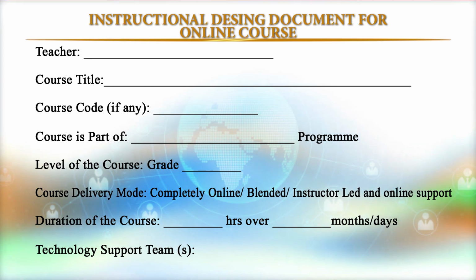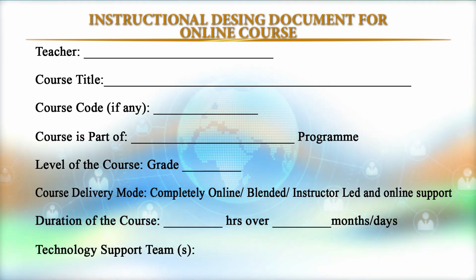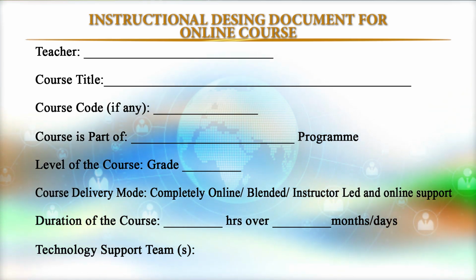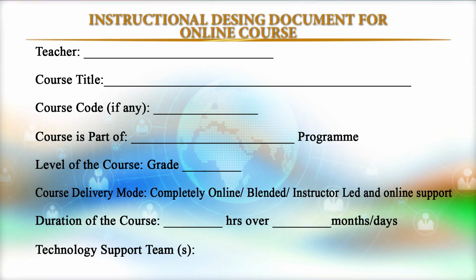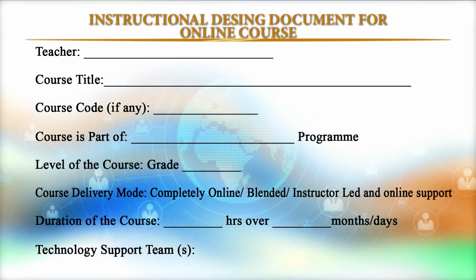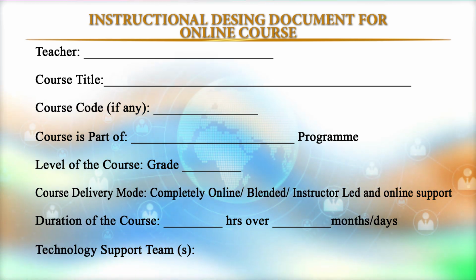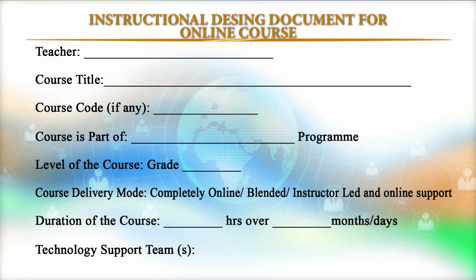And the course is a part of which program. For example, the course which we are studying is a part of the MA in Distance Education. So, you can put the program name also if required, and the level of the course, the grade, whether it is a PG diploma course, certificate course, UG course or PG course; that level you have to write here.